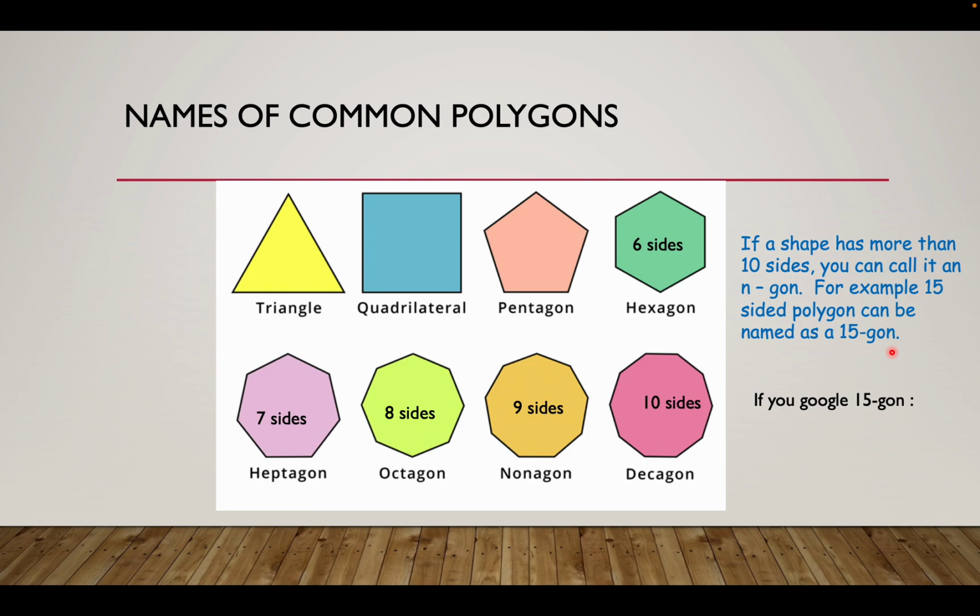But it does have a name. If you Googled 15-gon, it'll tell you that it is a pentadecagon, which makes sense. Pentagon 5, decagon 10. Put the words together, we get 15. Pentadecagon. But you don't have to know anything beyond 10-sided.